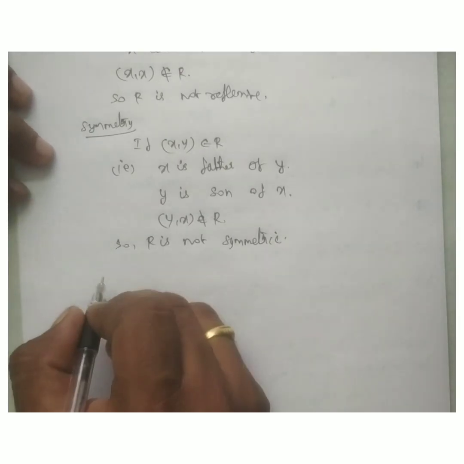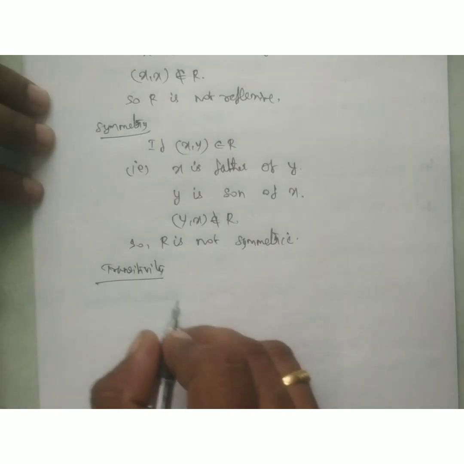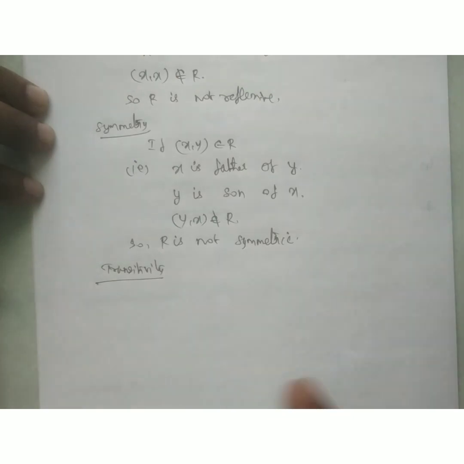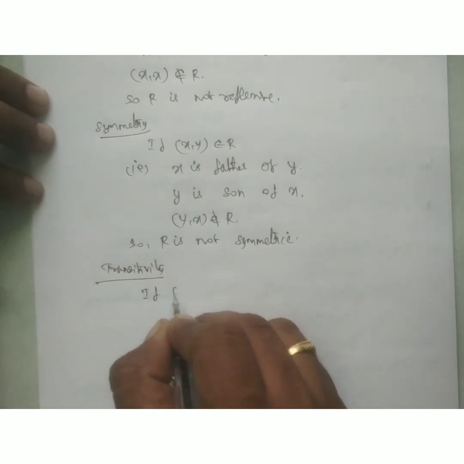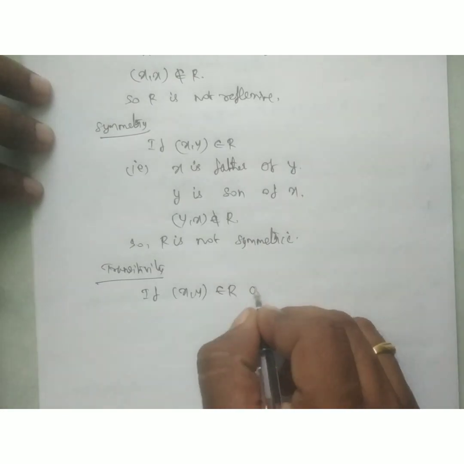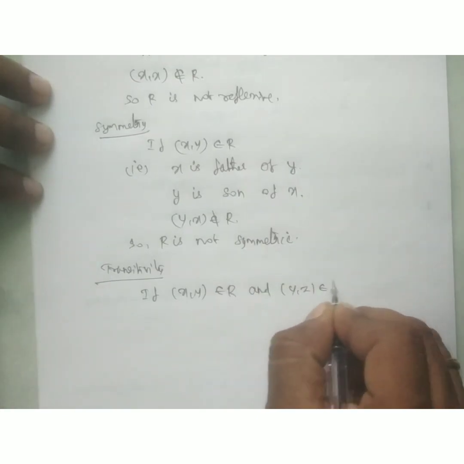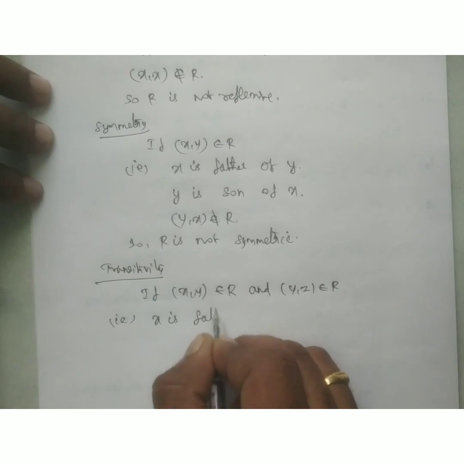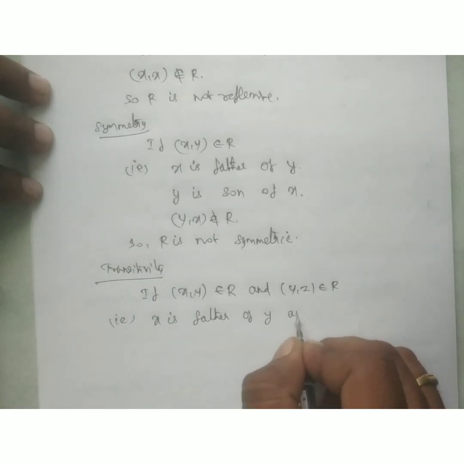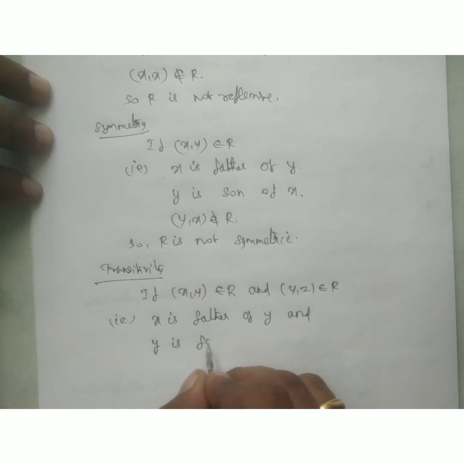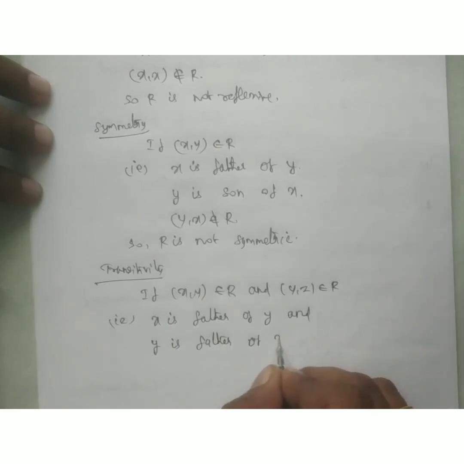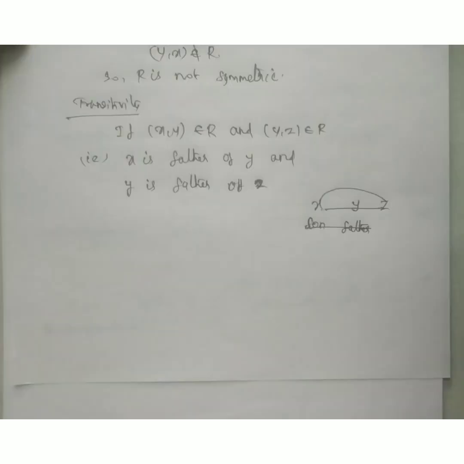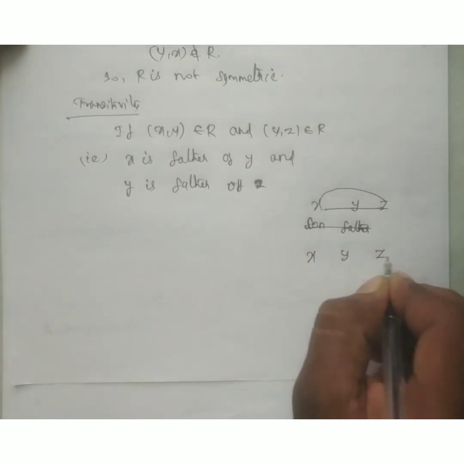Next, transitivity. The transitive property is: if (A, B) belongs to R and (B, C) belongs to R, that should give (A, C) belongs to R. Suppose (X, Y) belongs to R and (Y, Z) belongs to R. That means X is father of Y and Y is father of Z. X, Y, Z are three persons.